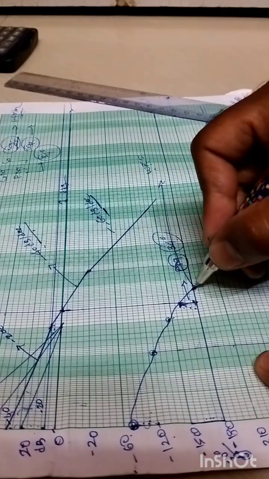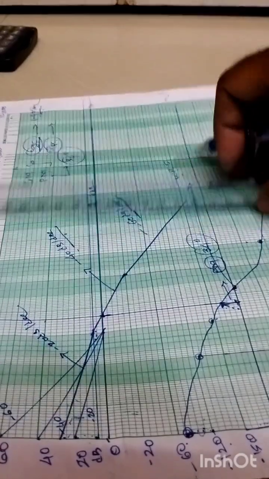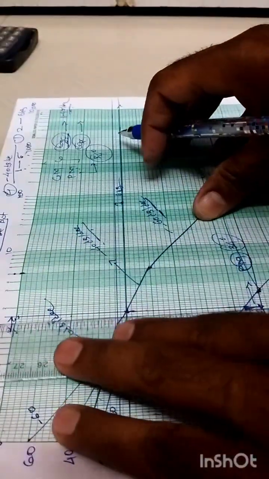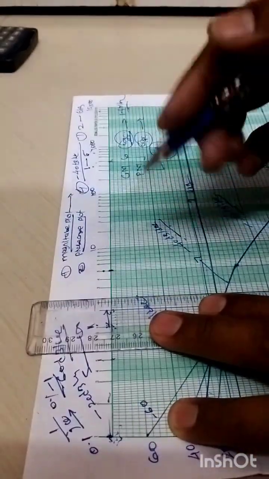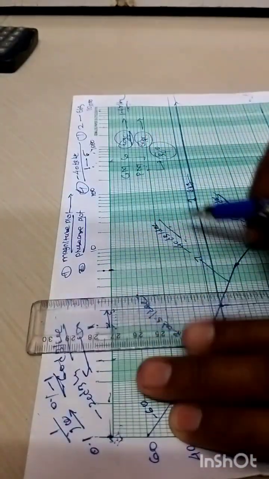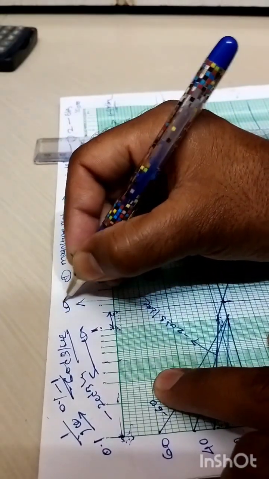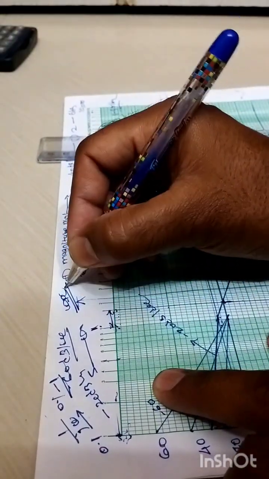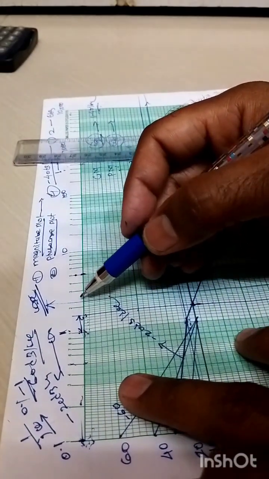So we need to determine this particular frequency, and for that purpose I will project this line upward. See, this arrow indicates omega pc, the phase crossover frequency, right?